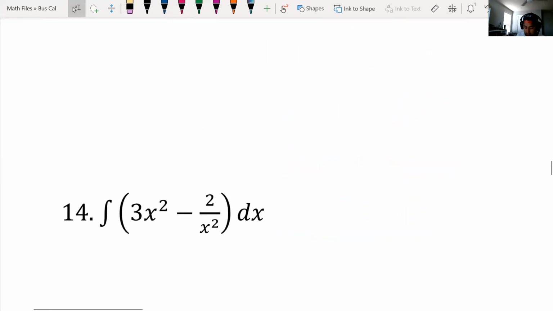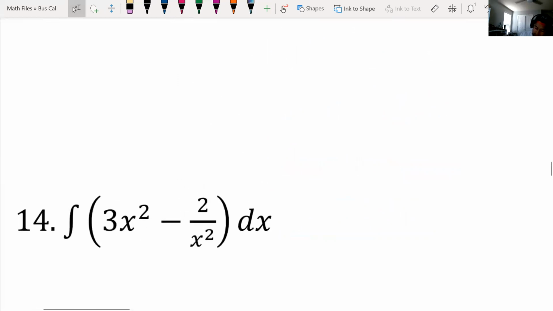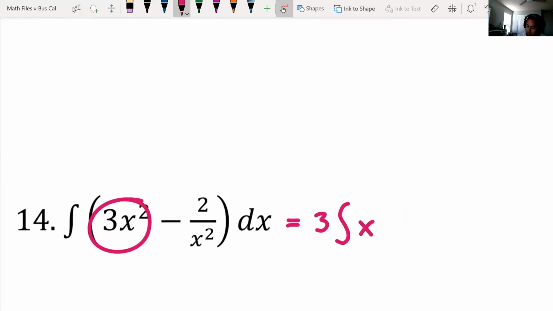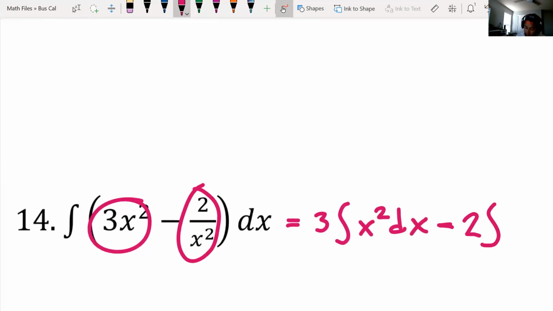Cool. All right, 14. More practice. Let's go ahead and split this into two integrals, and maybe we can skip steps this time. So the integral of 3x squared, I'm going to rewrite as 3 times the integral of x squared dx. And then the integral of -2 over x squared, I'm going to have minus 2 times the integral.